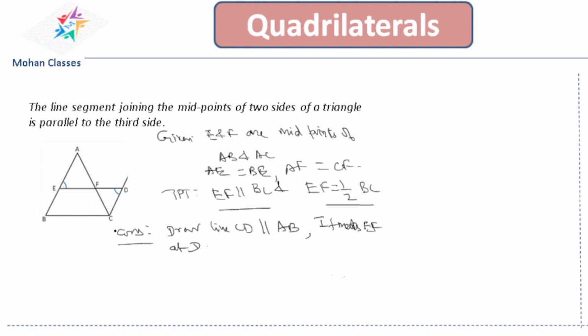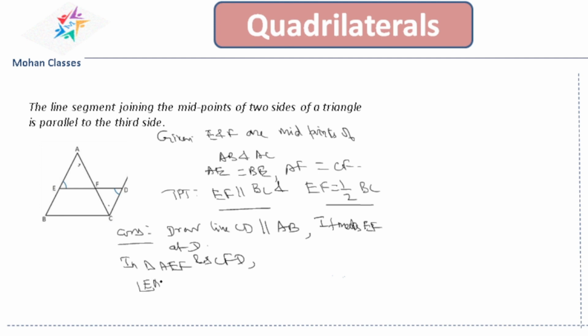In triangles AEF and CFD, in these two triangles, AE is equal to CF, right? Let us take angle EAF first.